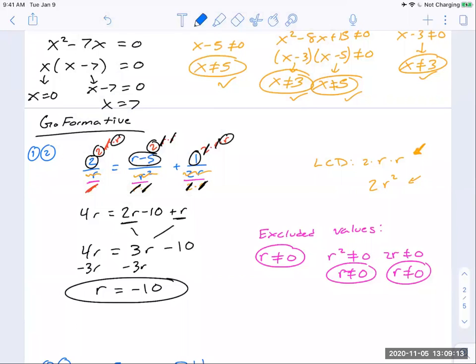In terms of Go Formative, before Go Formative, do any of my solutions match up with my excluded values? No, which means this one here works.